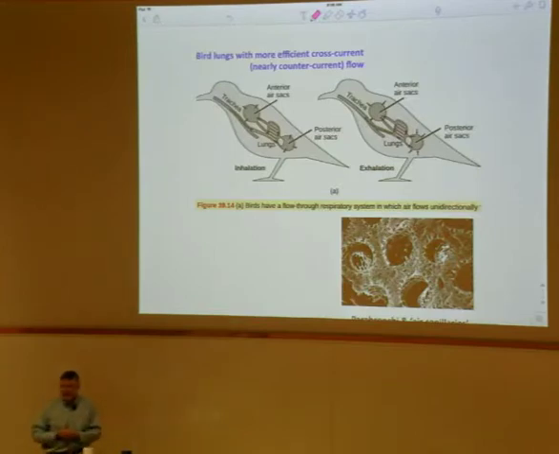Okay, I think let's have you do a countercurrent exchange system. So sketch for yourself or explain to your neighbor a countercurrent exchange system in a gill. Okay, countercurrent exchange in a gill.